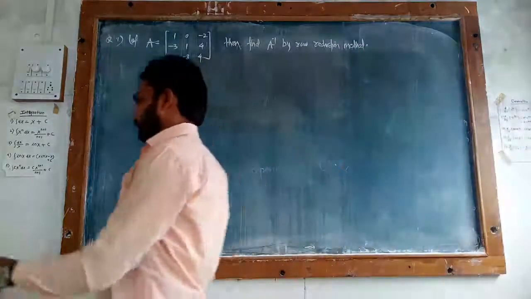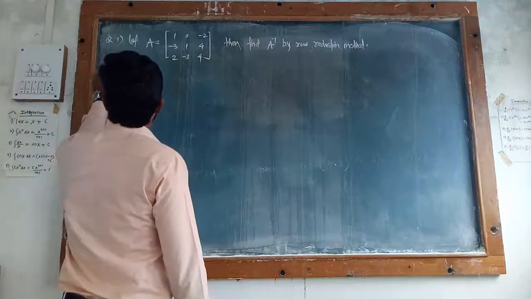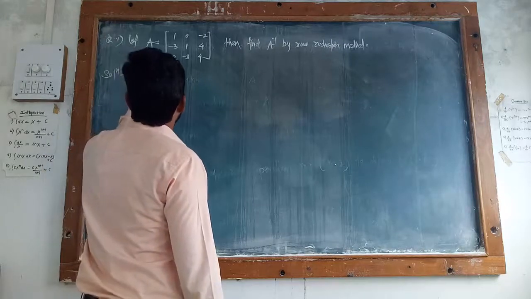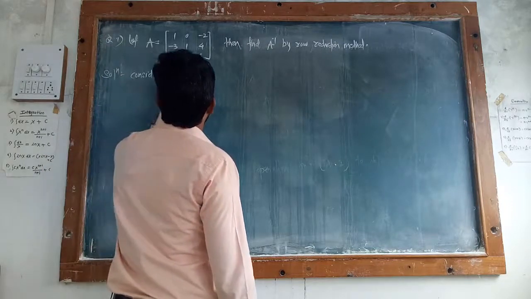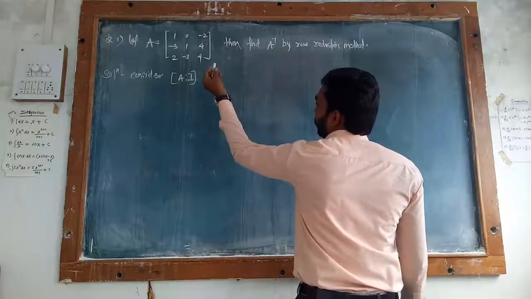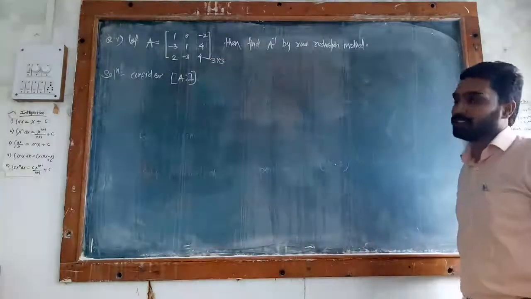And on solution. Consider, your first step is to consider the augmented matrix [A | I]. So what is the order of that given matrix? 3 cross 3, that is 3 rows and 3 columns.